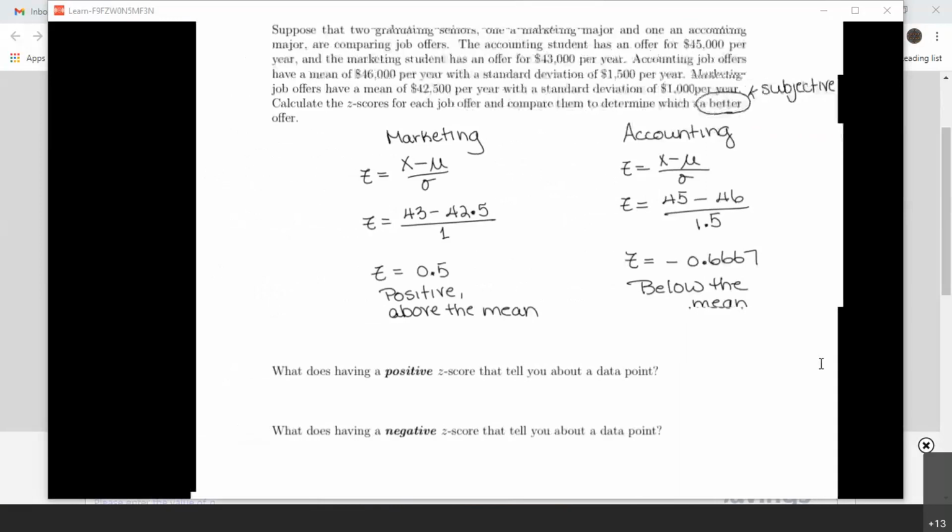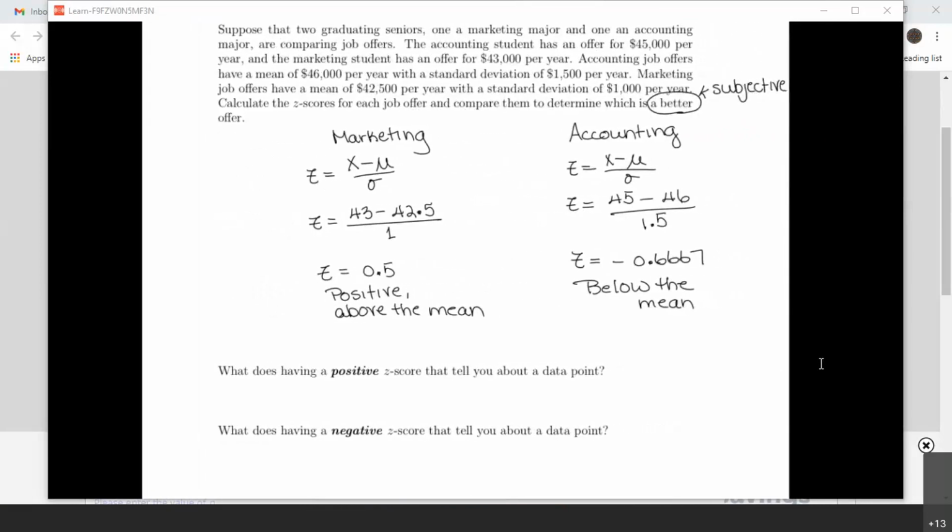So I would say, based on the populations they're coming from, this student's got the better offer, because it's above the mean offer in that population. Again, we're not comparing apples and oranges here. We're not saying that this guy should have gone into accounting.